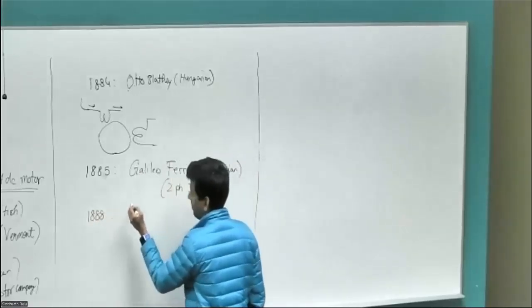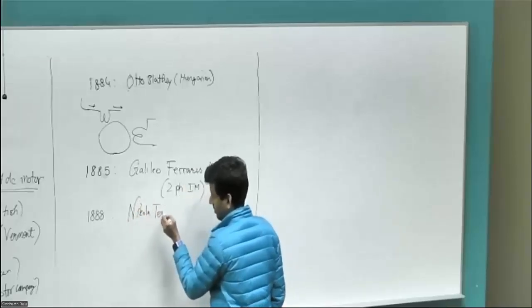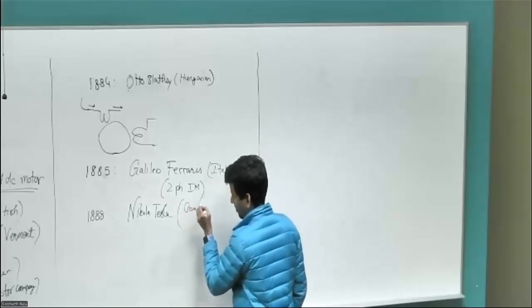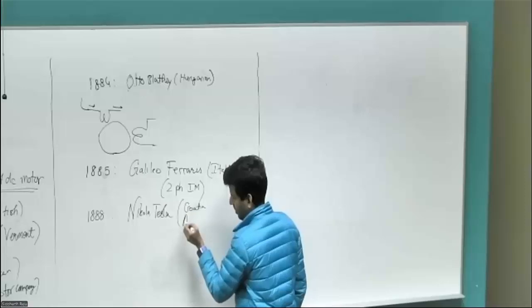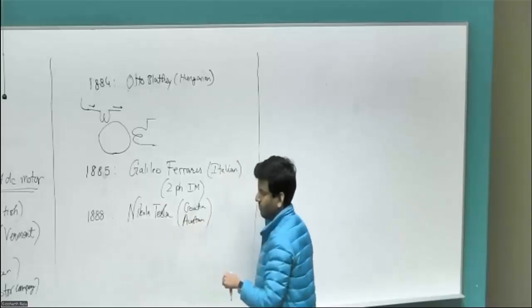Nikola Tesla, from modern day Croatia. Back then it was part of the Austrian Hungarian Empire.